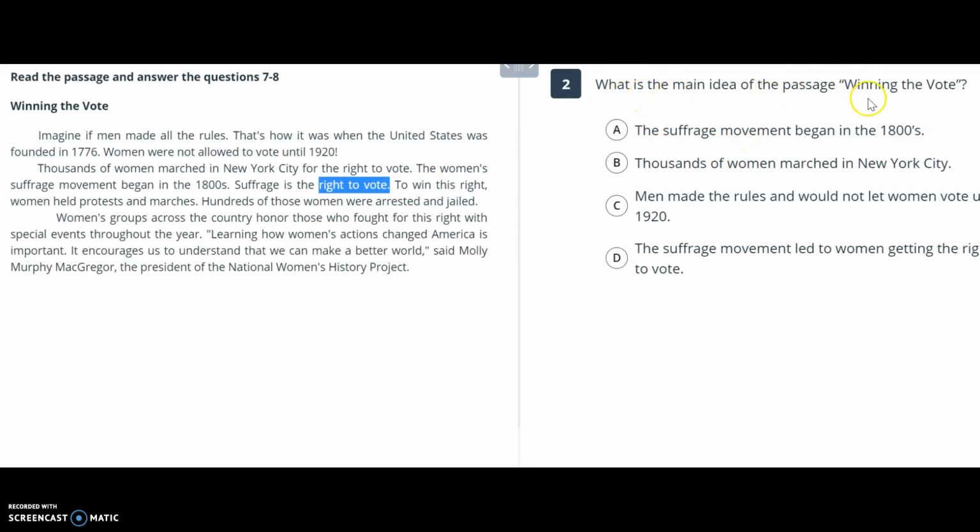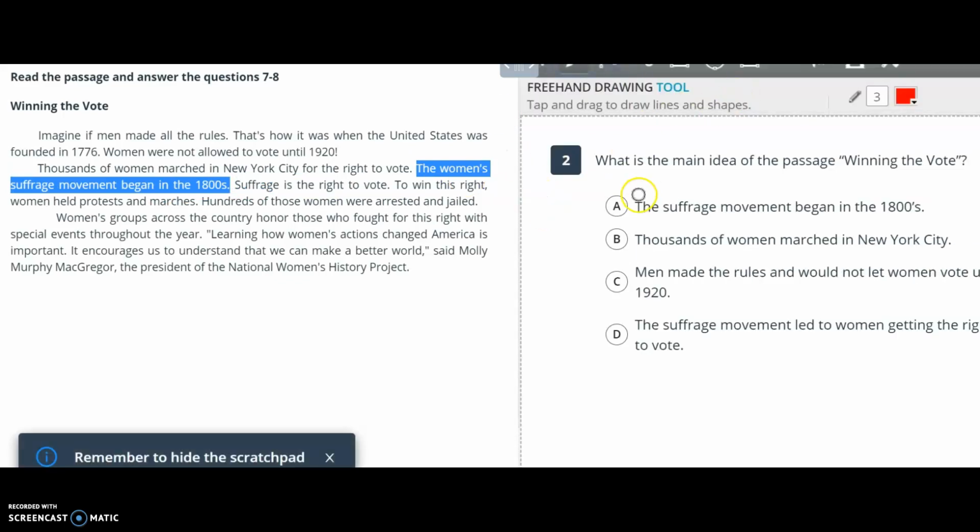What is the main idea of the passage, Winning the Vote? The suffrage movement began in the 1800s. That doesn't describe the whole story. Oh, actually it is right here, but that is a detail, so that is not the main idea.